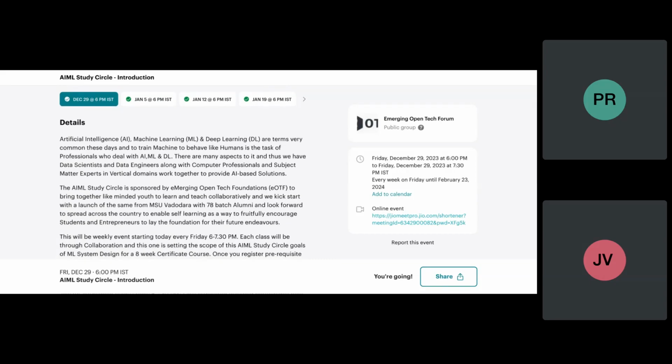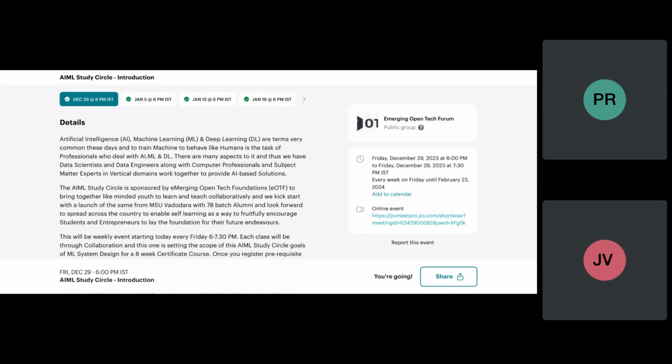Training machines to behave like humans is the task of professionals like us in AIML. There are many aspects. We have data scientists, data engineers, computer professionals and subject matter experts in the vertical domain. They work together to provide AI-based solutions.